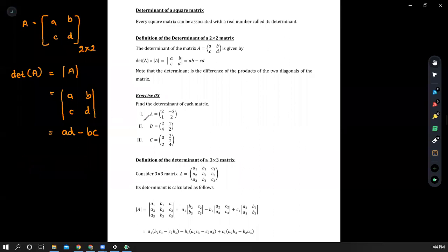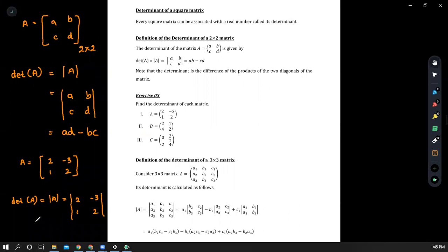Here three matrices are given. The first matrix is A: 2, minus 3, 1 and 2. This is a 2 by 2 matrix, and we can write its determinant as determinant of A, or use this notation. First we write down the elements inside this notation: 2, minus 3, 1 and 2.